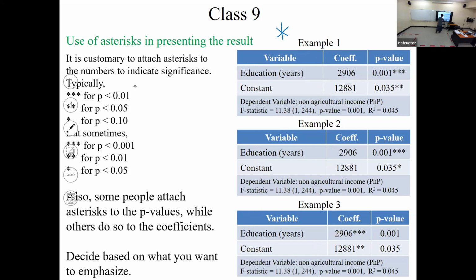Now, example 3. Example 3 is a method in which you put the asterisks on the coefficients, not the p-values. This is also convenient because then readers who don't have much time can just look at the coefficient. They capture the information on the coefficient and also the significance at the same time.